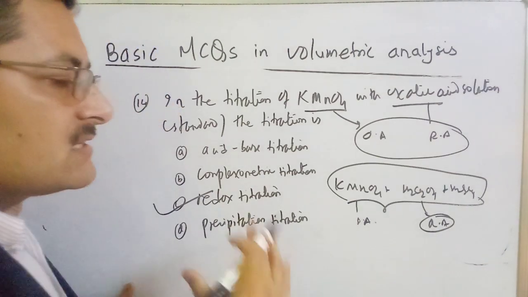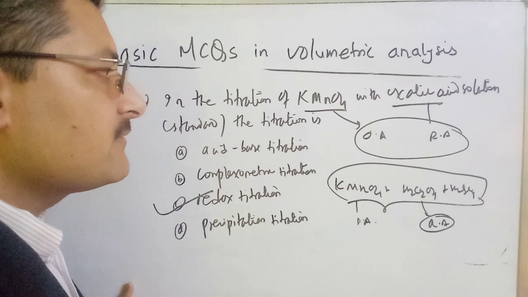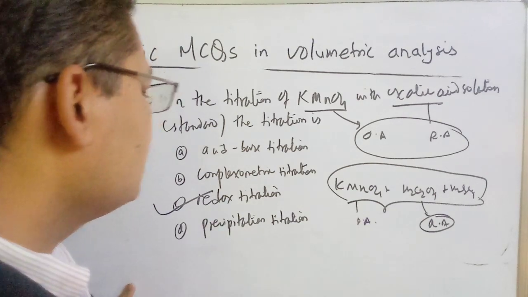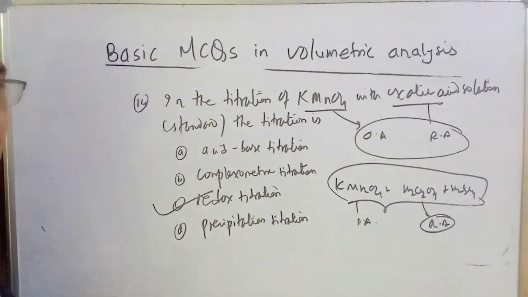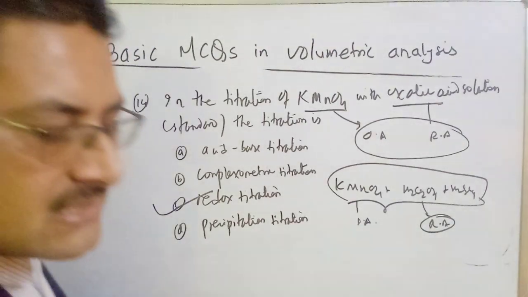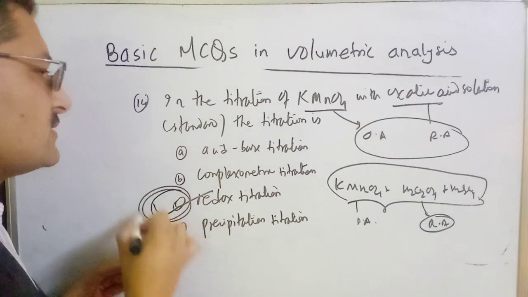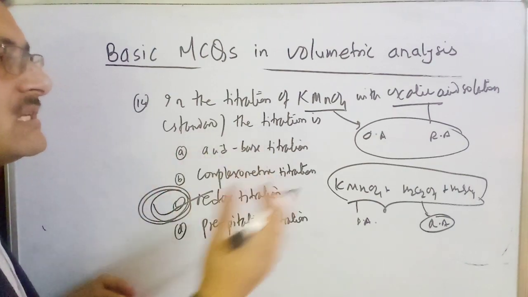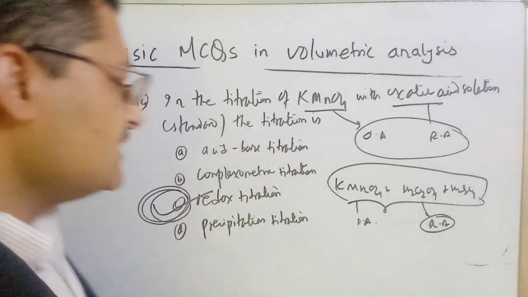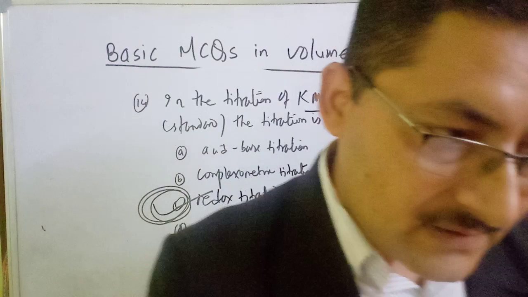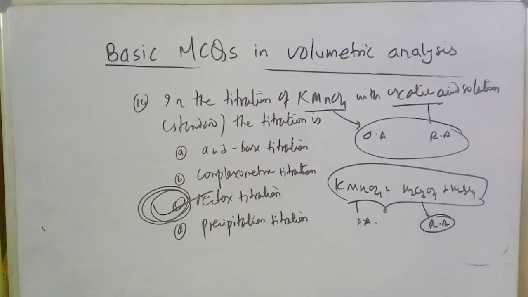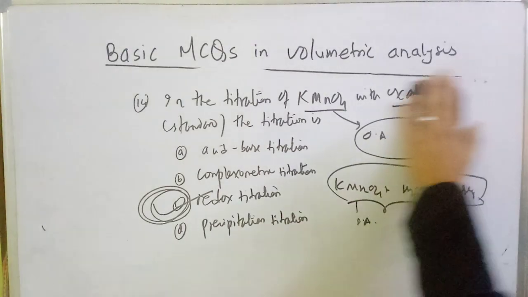The reaction between an oxidizing agent and a reducing agent is called a redox reaction, and the titration in which a redox reaction is used is called redox titration. So definitely the titration between potassium permanganate and oxalic acid solution is an example of redox titration. Okay, this is number 14. Now let us go to number 15.